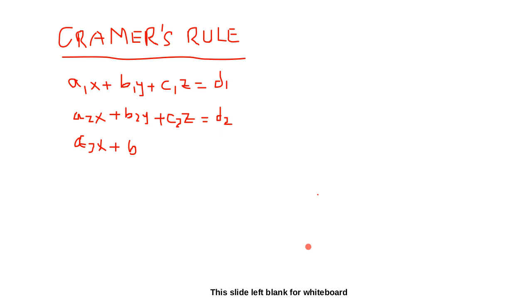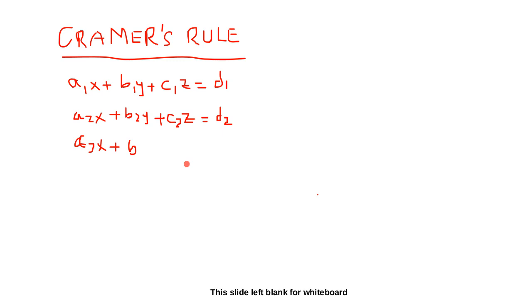You take A1 and delete the first row and the first column, because that is where A1 is. So the minor of A1 would be B2, C2, B3, C3.